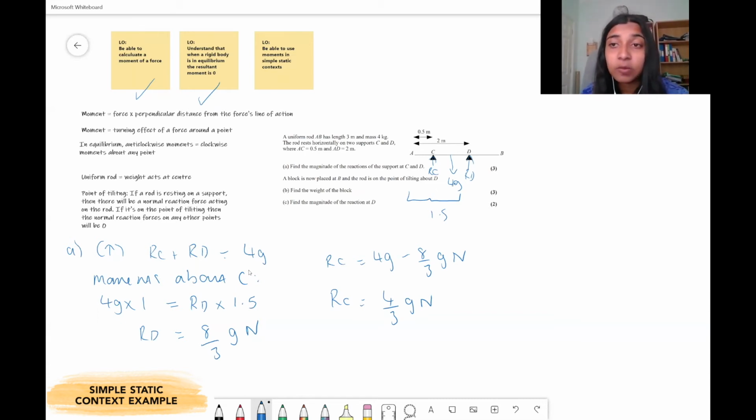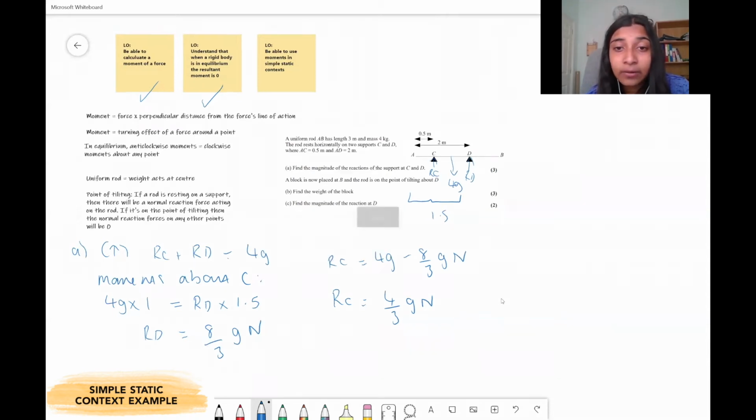Just to sum up what we did: we resolved vertically to say that RC plus RD is equal to 4G, and then we took moments about C, recognizing that because it is in equilibrium, our anticlockwise moments will equal our clockwise moments, and then using our first equation, that our resultant force was 0, we found our other reaction force.